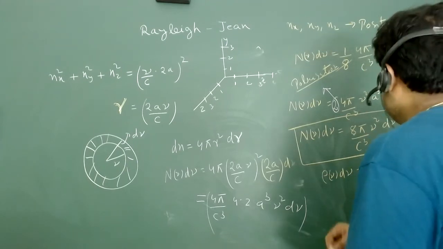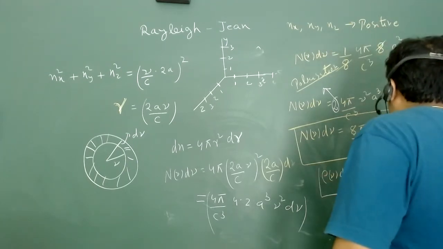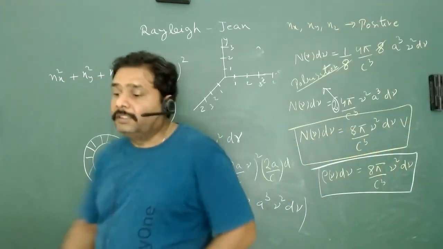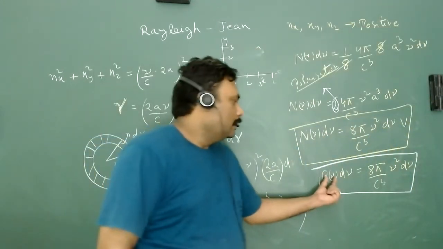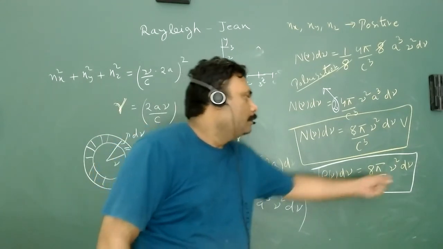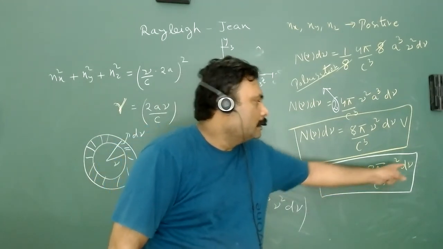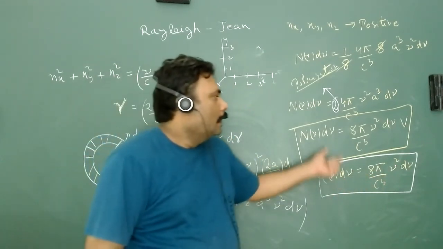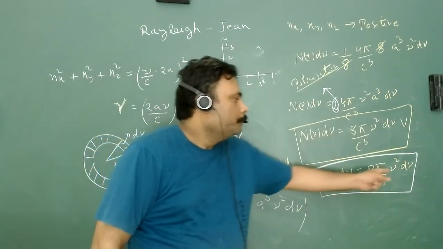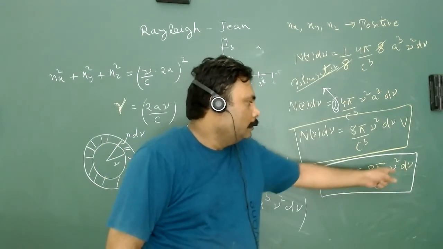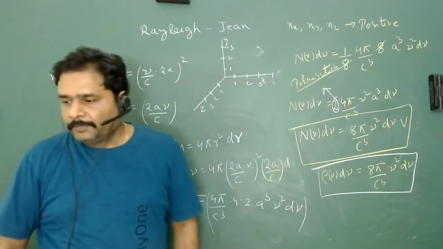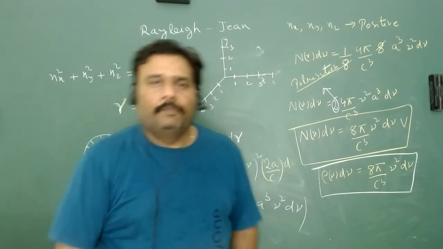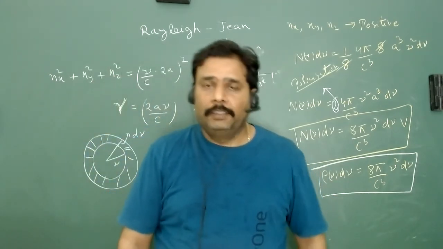This tells you the number per unit volume between frequency nu and nu plus d nu, and it is proportional to nu square. So this is the wonderful calculation done to explain black body radiation.